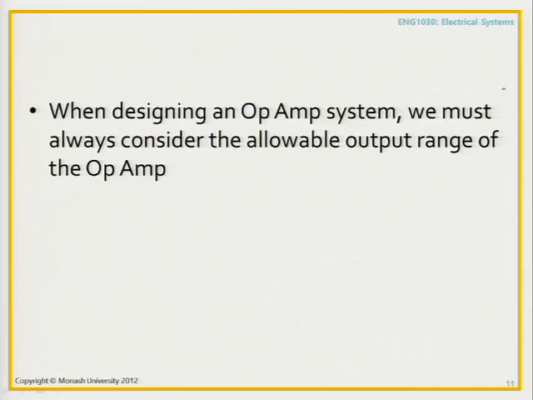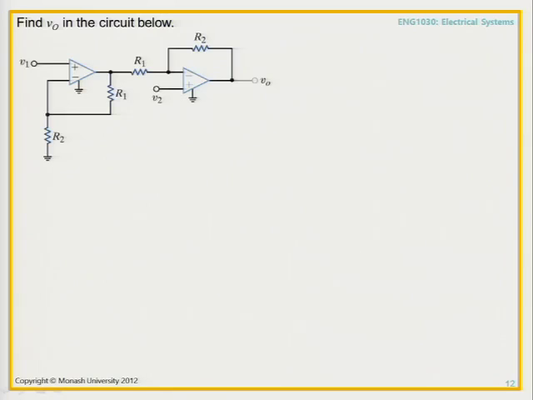And this really, which I believe you guys understand already, is that when you design an op amp system, you must consider the allowable output range of the op amp. That means make sure that the output doesn't go higher or lower than the supply voltages, otherwise you get clipping. Very good. Okay.